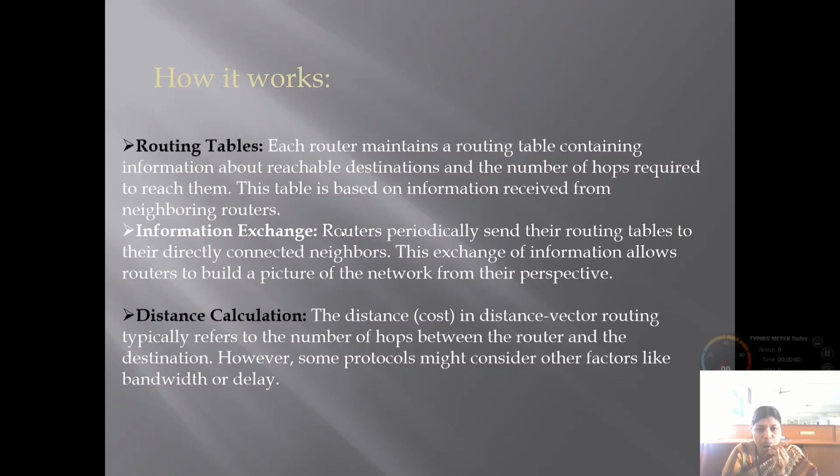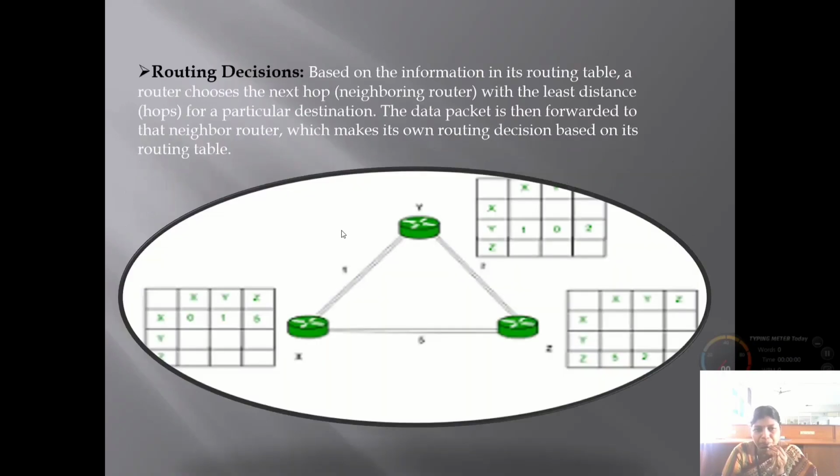This exchange allows routers to build a picture of the network from their perspective. Distance calculation depends upon the number of hops between the router and the destination. However, some protocols might consider other factors such as delay or bandwidth.